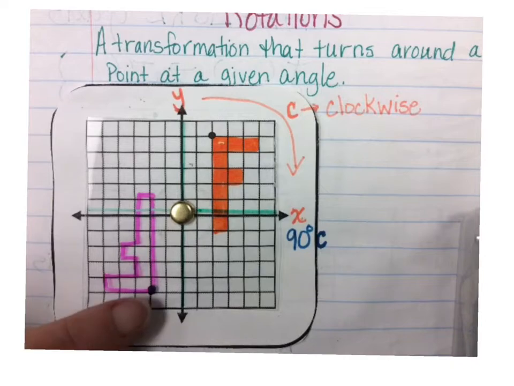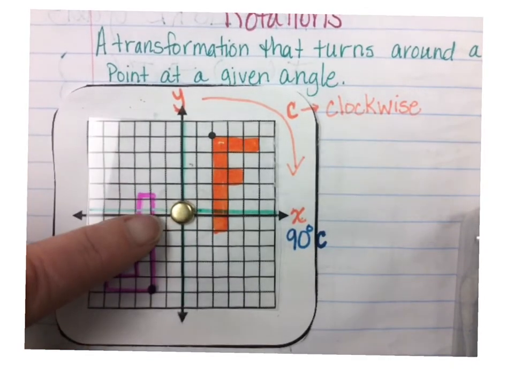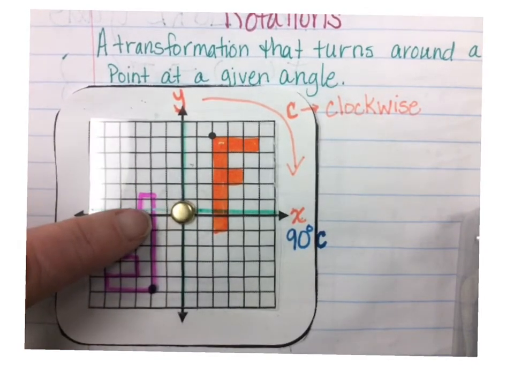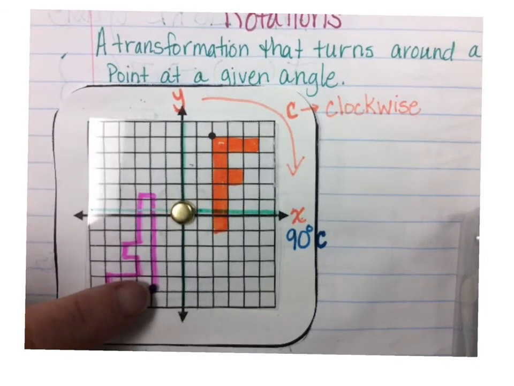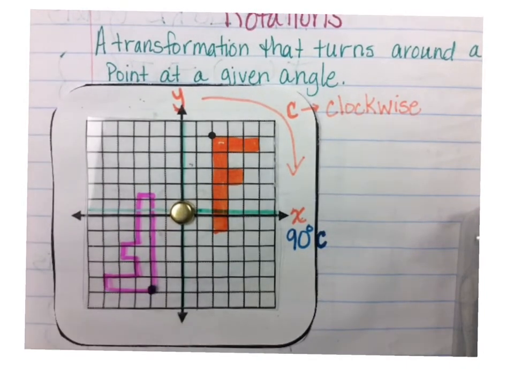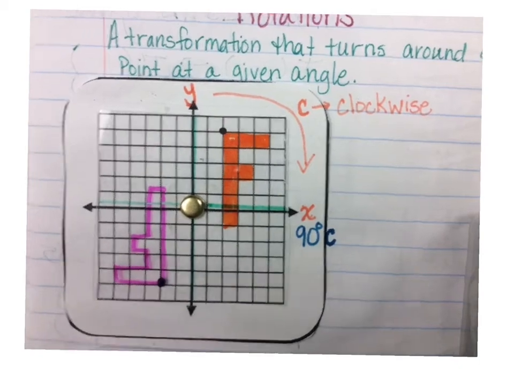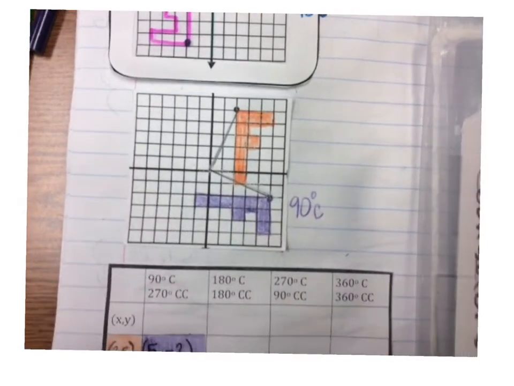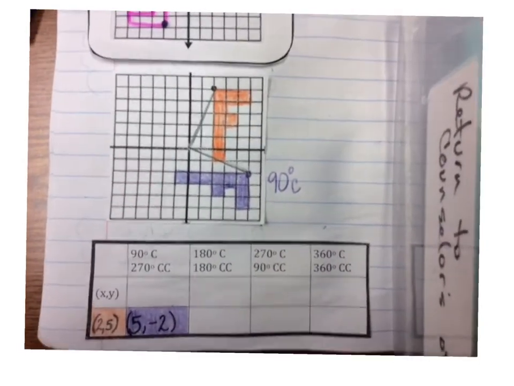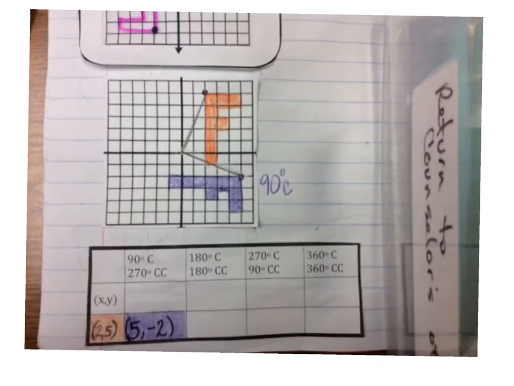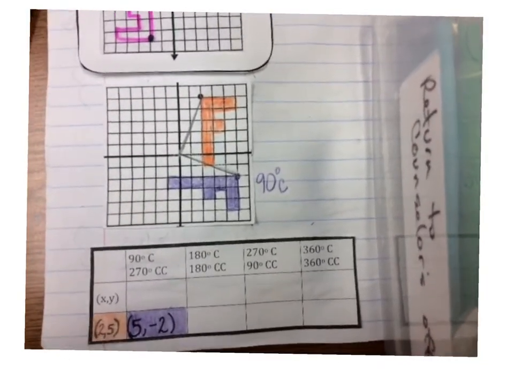At this point you're going to find the coordinates of your new point, which would be -2, -5, and you're going to write that down, and then graph it on your graph below with a new color of map pencil.